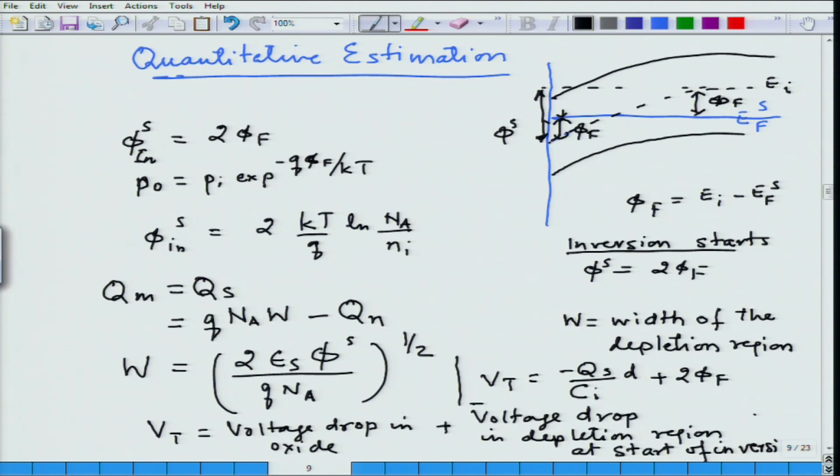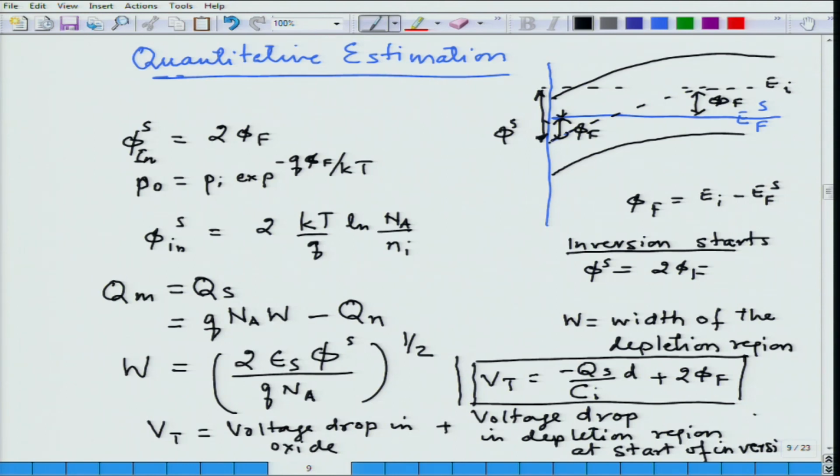So, this is my threshold voltage at the inversion point. So, this gives me an estimate of finding out at what point in the MOS capacitor I get the inversion condition.